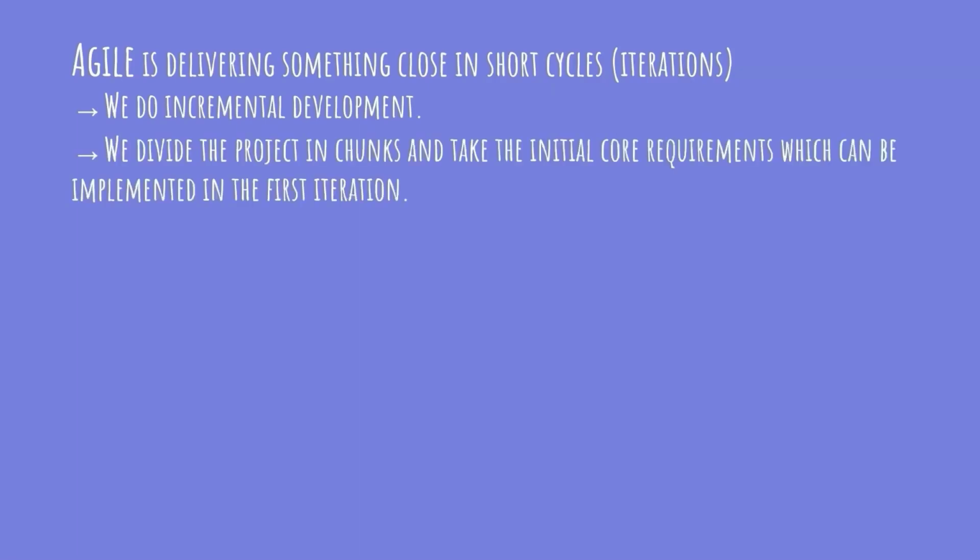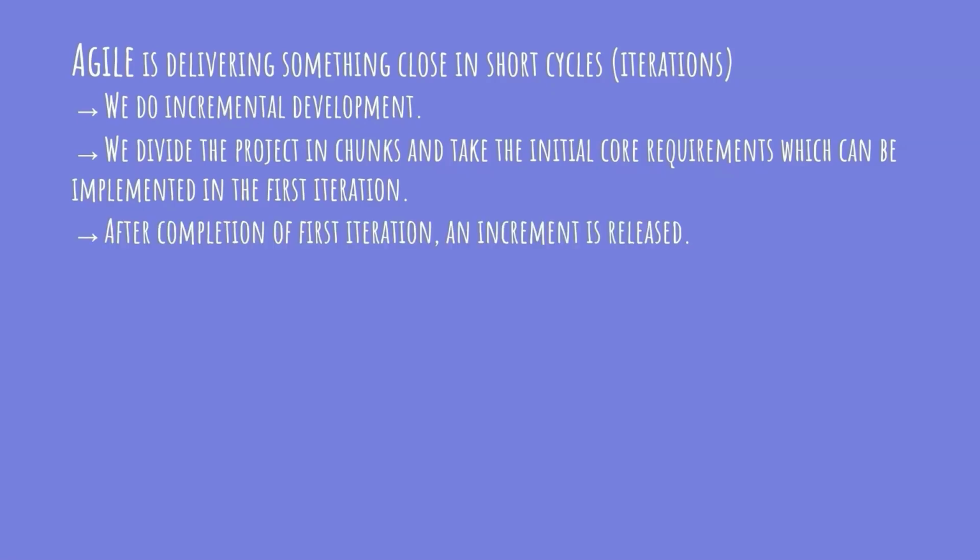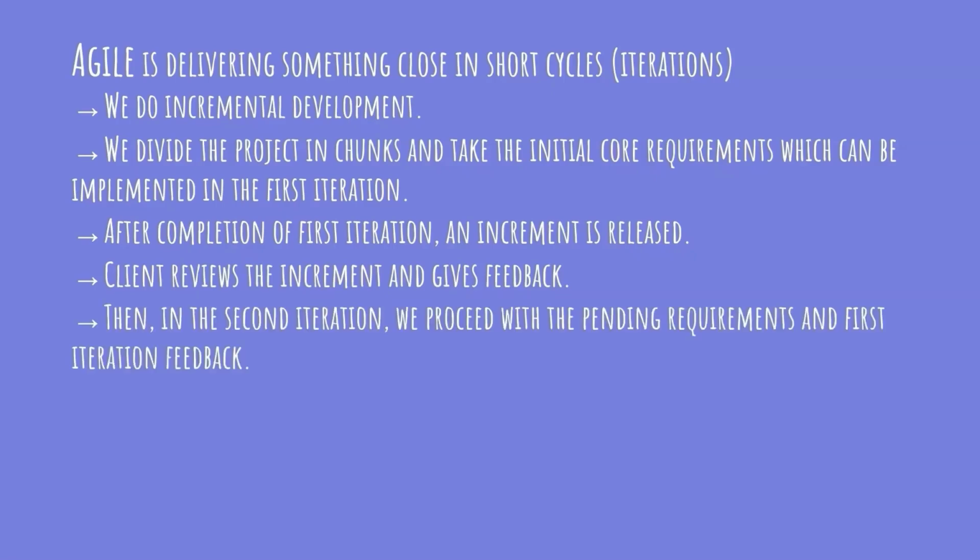We do incremental development. We divide the project in chunks and take the initial core requirements which can be implemented in the first iteration. After completion of the first iteration, an increment is released. The client reviews the increment and gives feedback. Then, in the second iteration, we proceed with pending requirements and the first iteration feedback given by the client.